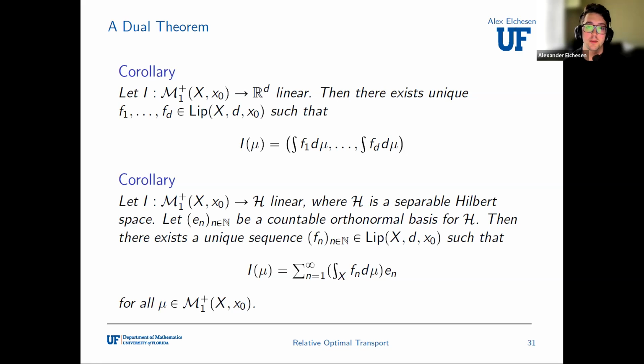Any separable Hilbert space has a countable orthonormal basis. So we can project onto each coordinate of this orthonormal basis and apply the same thing. So now we get a sequence of Lipschitz functions, so that I is given component-wise by integration against Fn for all mu. So why do I think this might be useful?